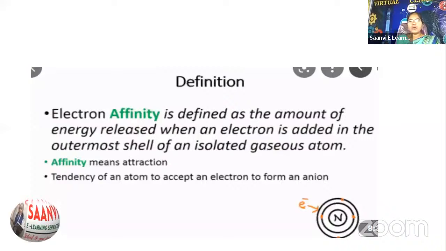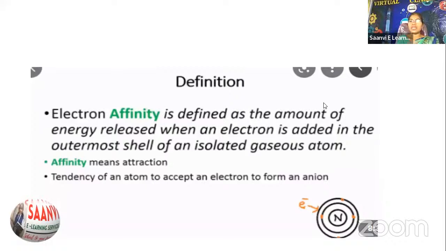Electron affinity, we already discussed yesterday. The energy released when an electron is added to the outermost shell is known as electron affinity. Can anyone say what is ionization? Ionization energy. Both are different, ionization and electron affinity.